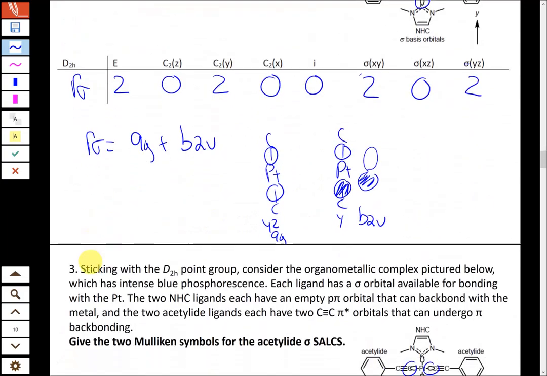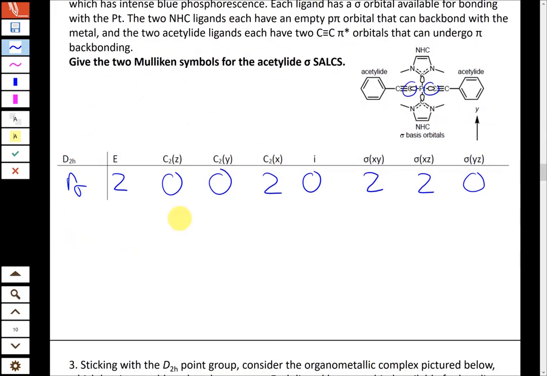So for this one, when we reduce this representation, we get Ag and B3u as the two Mulliken symbols, or again, we can draw the two combinations. In this direction, the in-phase combination has positive orbital density in both the plus x and the minus x directions.